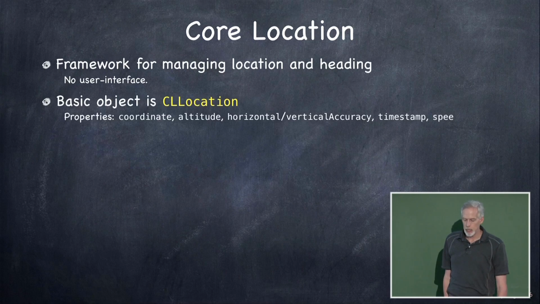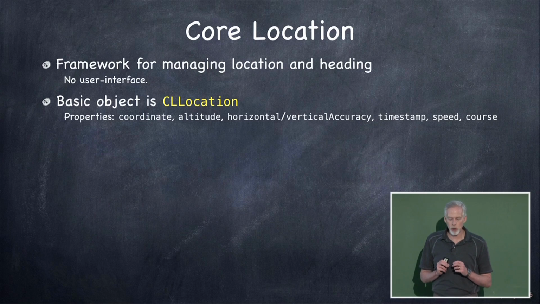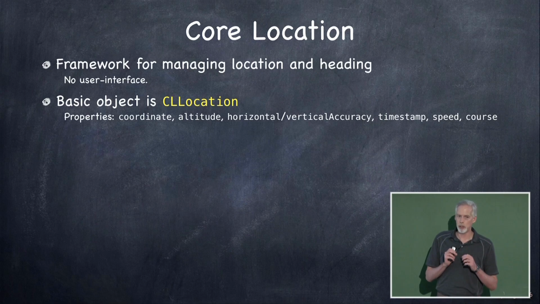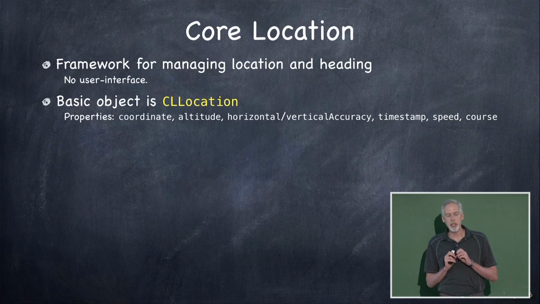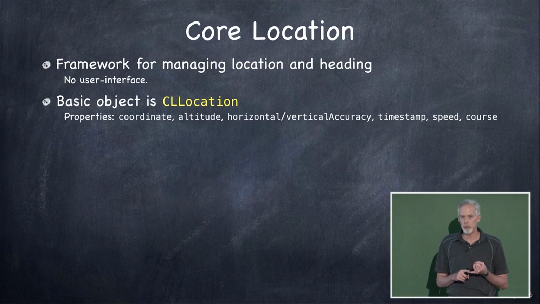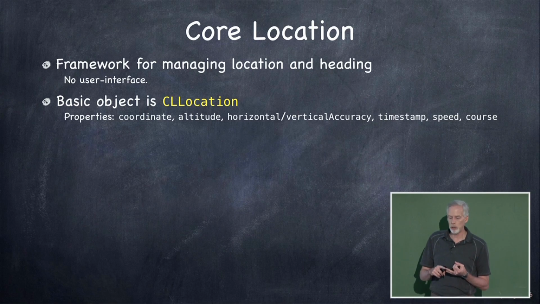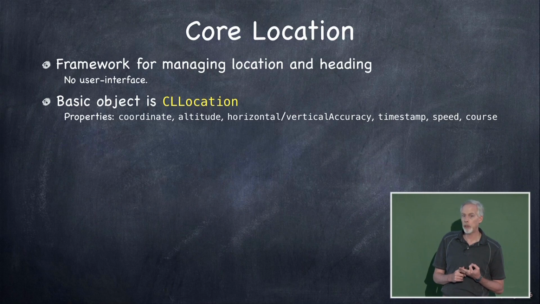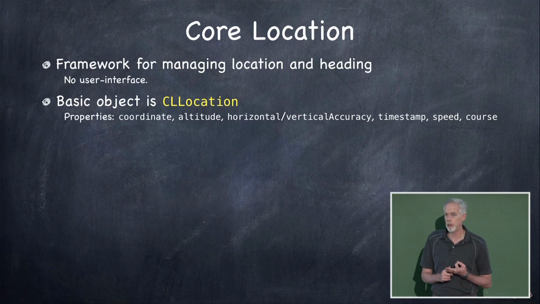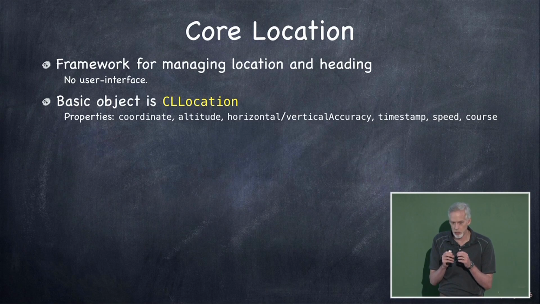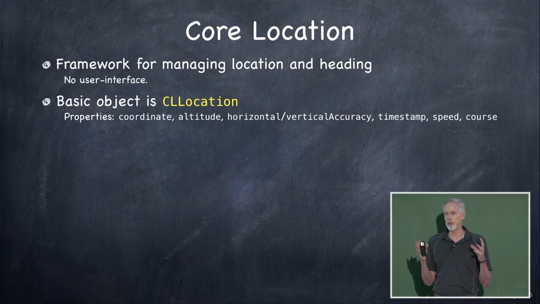All right. The basic object in Core Location is called a CLLocation. The CLLocation has the coordinate, latitude and longitude, altitude, and the horizontal and vertical accuracy of this location, because depending on how you got this location, it might be highly accurate, within a meter or so, or it might be very inaccurate, maybe a kilometer.